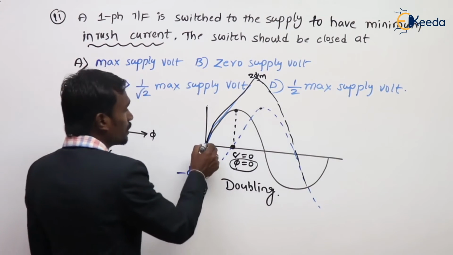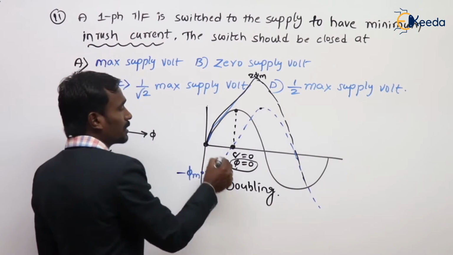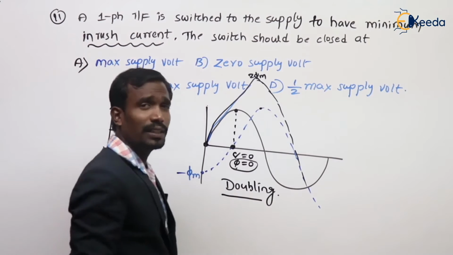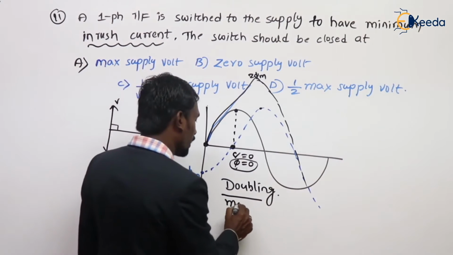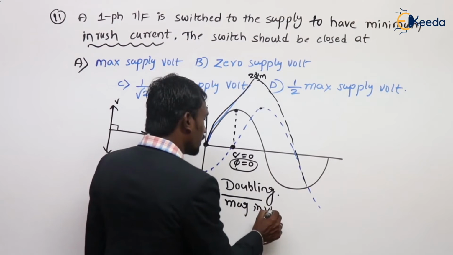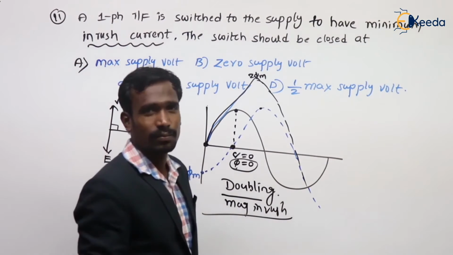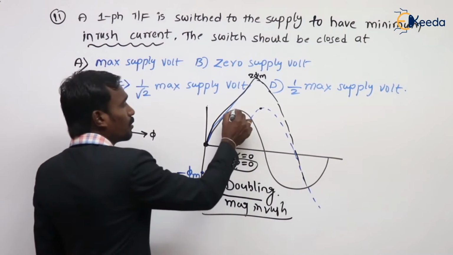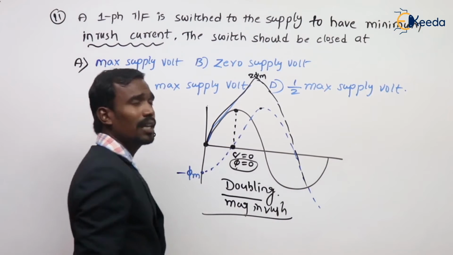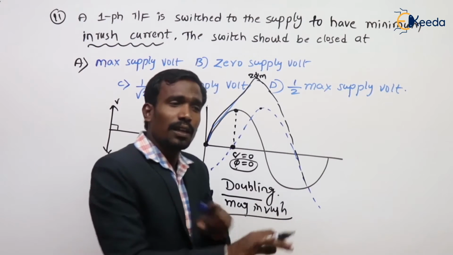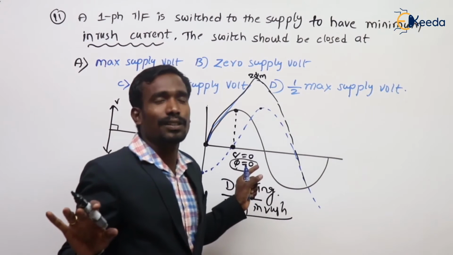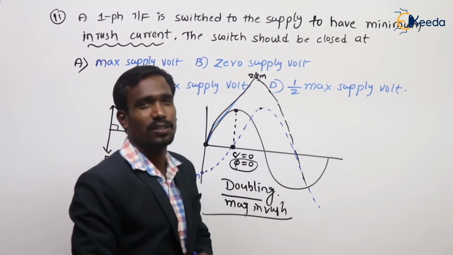So if the switch is closed at zero voltage condition, it leads to doubling effect and magnetic inrush currents, which flow in the machine and are very dangerous. But if the switch is closed at maximum voltage condition, there is no doubling effect, and there are no or minimum magnetic inrush currents.